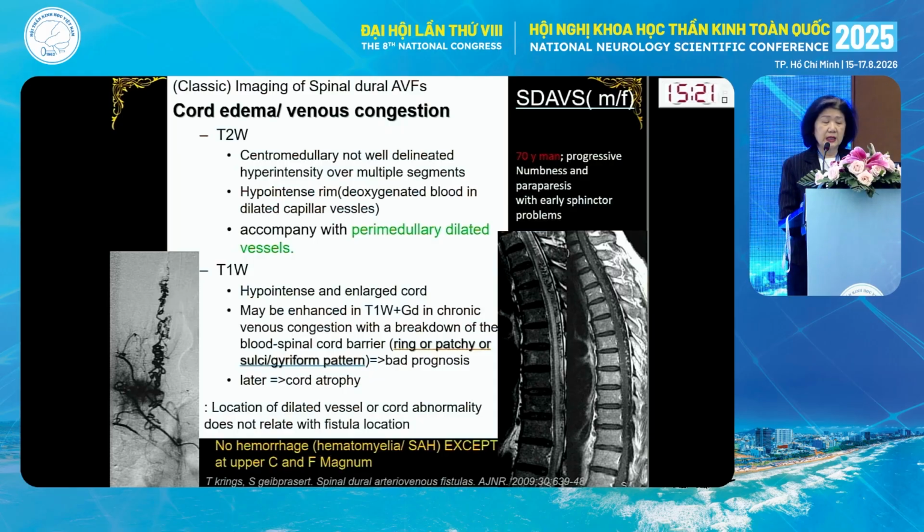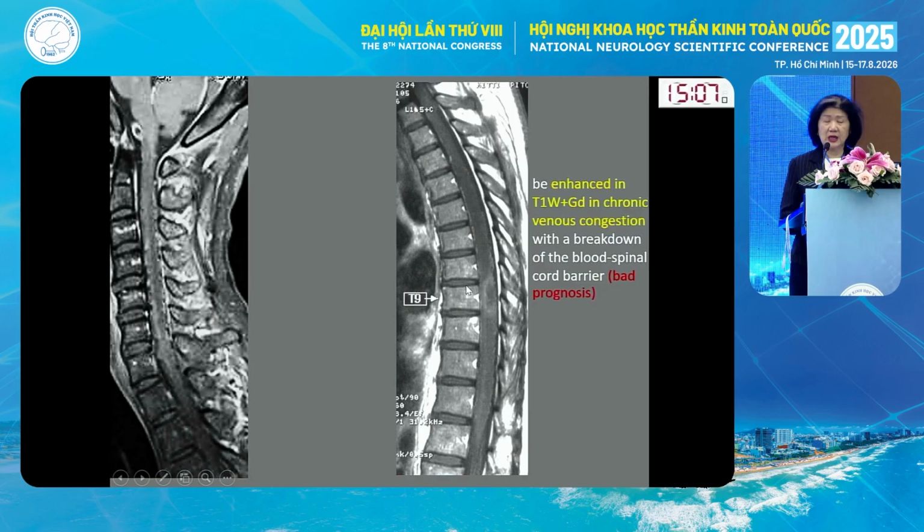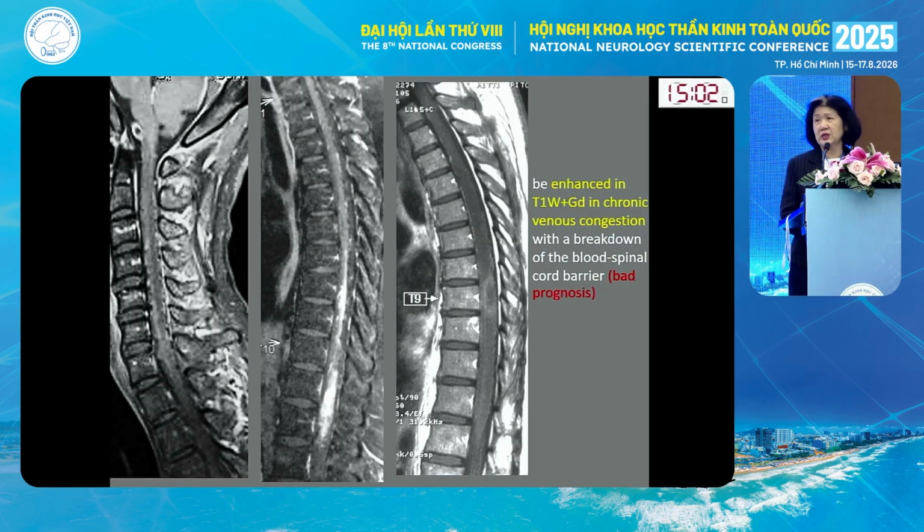If you see this hyper T2 cord with a lot of vessels around, and you see a pattern of enhancement, either ring enhancement, like this, or patchy enhancement, these 3 types of enhancement tell you that you can talk to the patient that this is not a good prognosis.